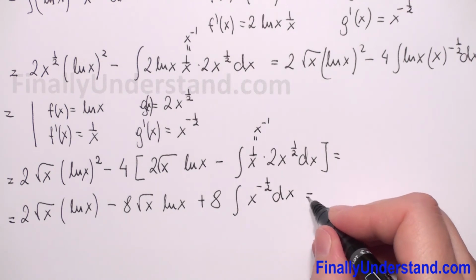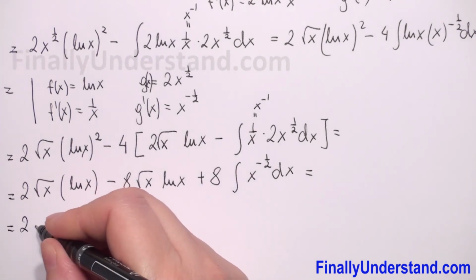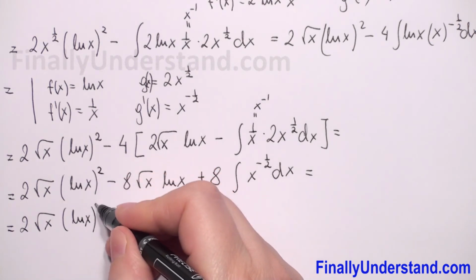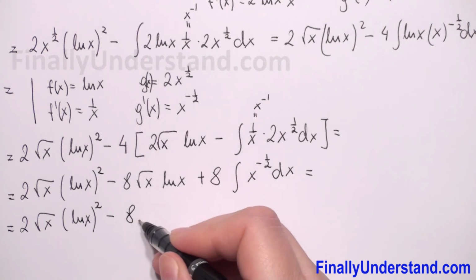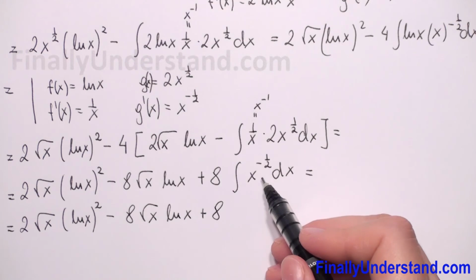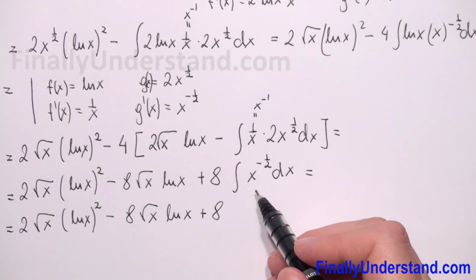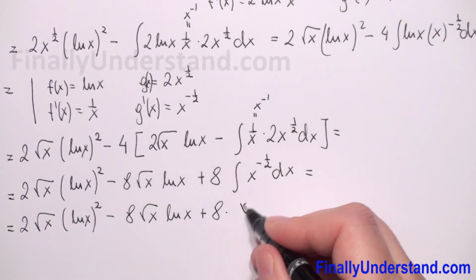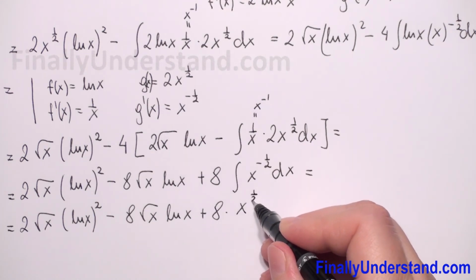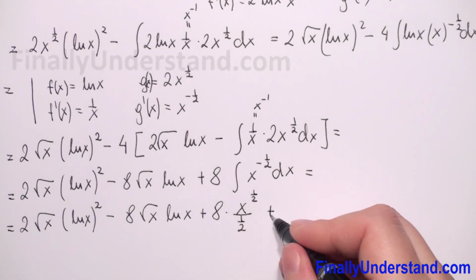We have an integral, so now we have to use the integral of power function formula. It will be x to the power negative 1/2 plus 1, so 1/2 over 1/2. The exponent is always the same as the denominator, plus constant c, of course.